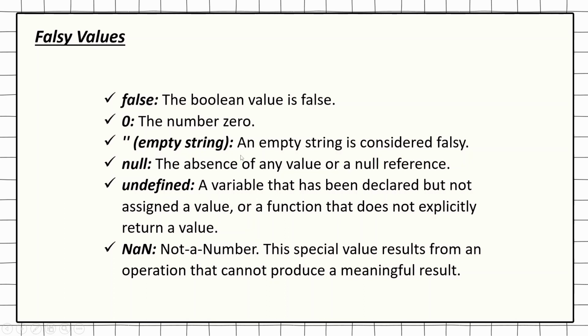Empty string is also a falsy value. If we give null, then it is also determined to be false. Undefined is also a falsy value, and NaN, not a number, is also a falsy value. So whenever our first operand has any of these values, our result will be the first operand itself. Apart from this, if any other value is assigned to our first operand, then the result will be our second operand.